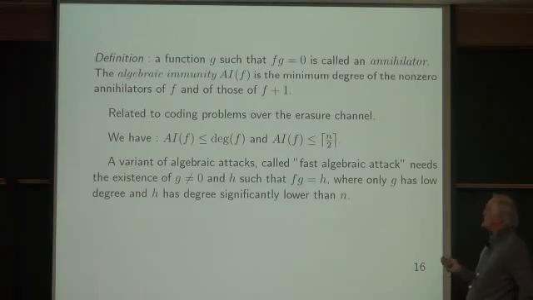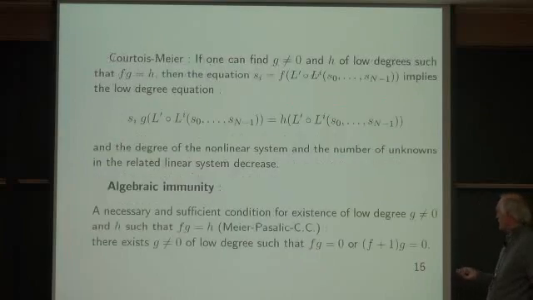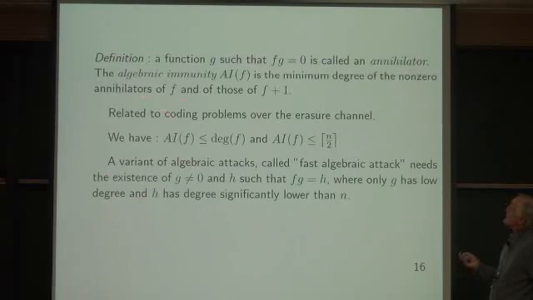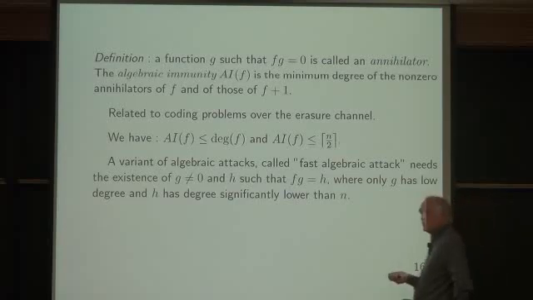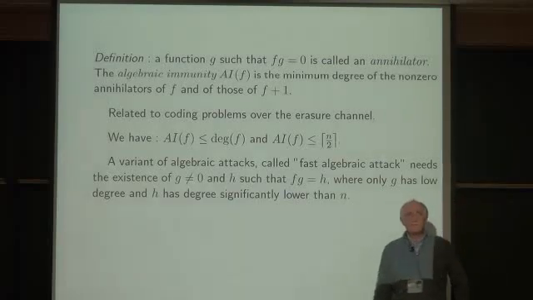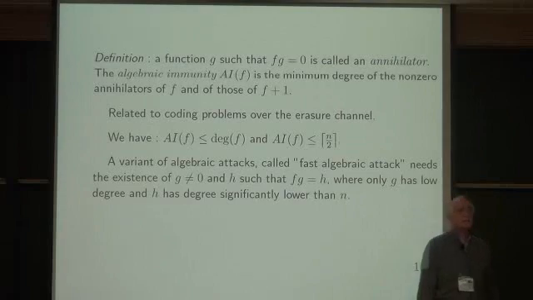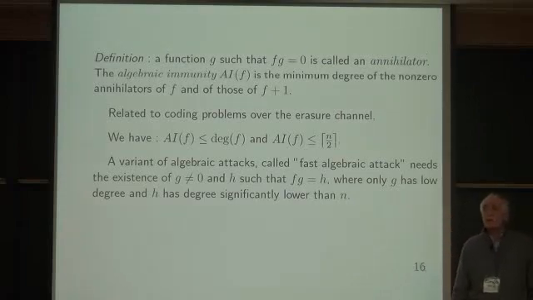The algebraic immunity of a function is the minimum degree of the non-zero annihilators. This function is called an annihilator of f, and this one is called an annihilator of f plus 1, the annihilators of f and those of f plus 1. And this algebraic immunity, to prevent the system from algebraic attacks, needs to be large, needs to be high.